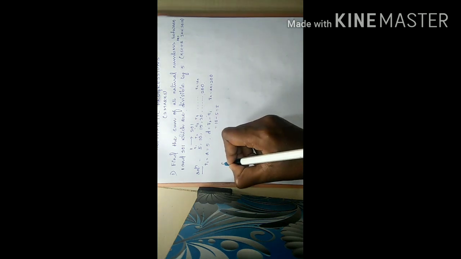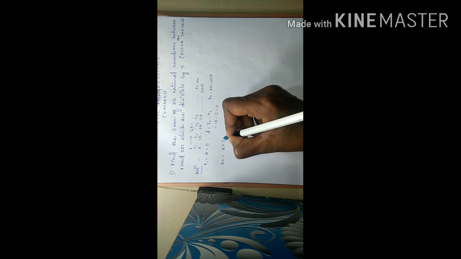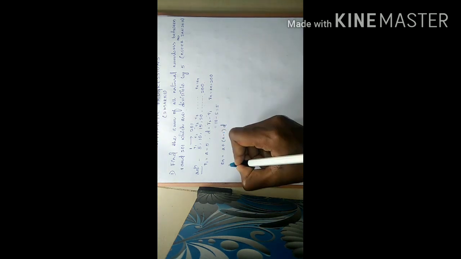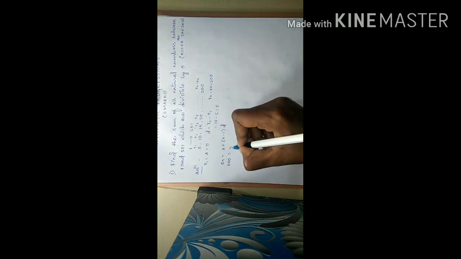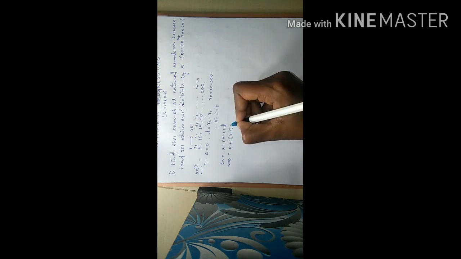Now let me write the An formula. An is equal to A plus n minus 1 into D. So An, 200, is equal to A which is 5, plus n minus 1, where n we need to find out, and D is 5.